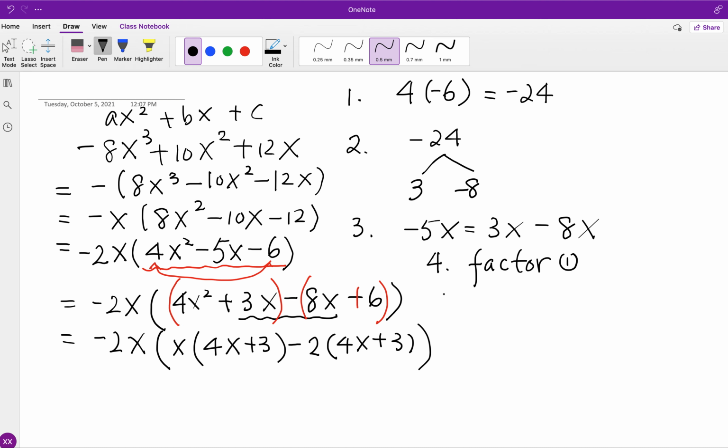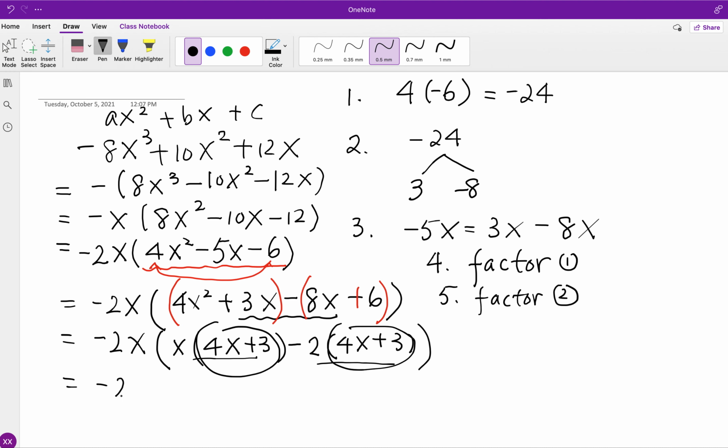Now we're going to factor more. The second time we factor again, between this term and this term, the common factor is right here. This one is still remaining outside. Inside, I have 4x plus 3 being factored out.